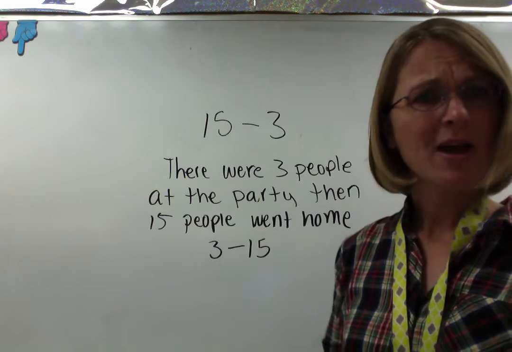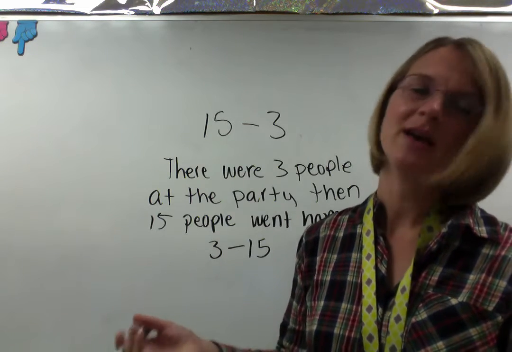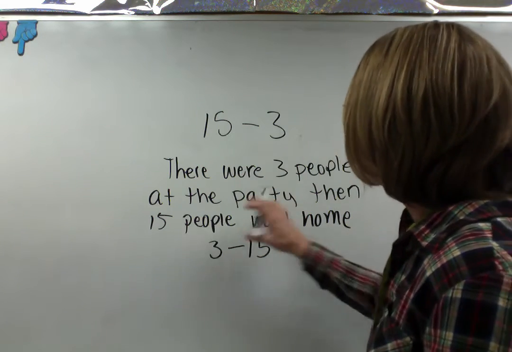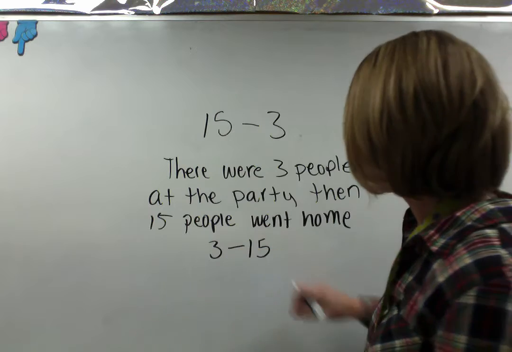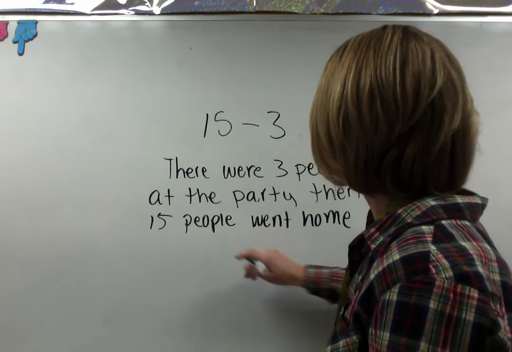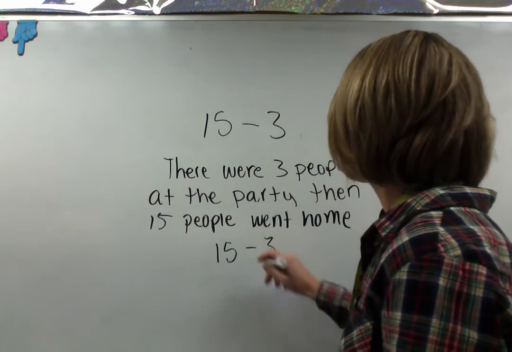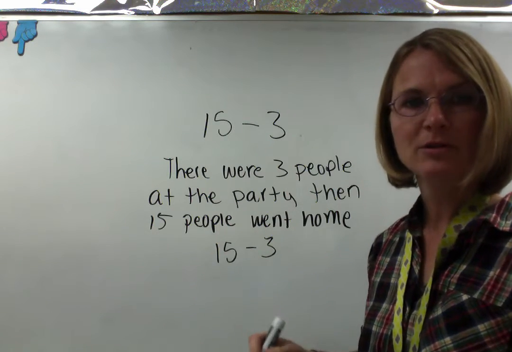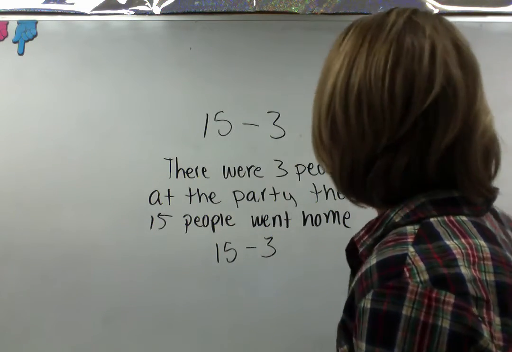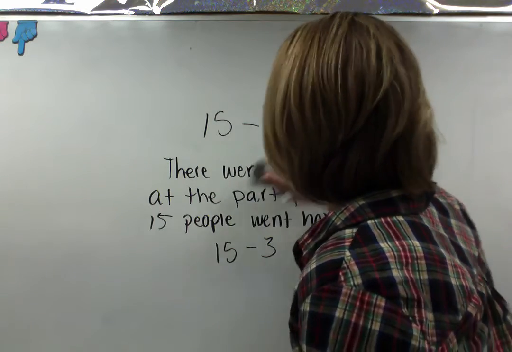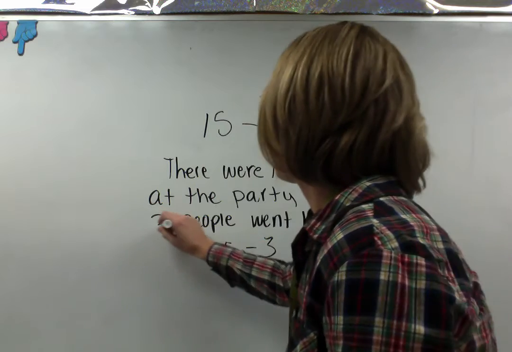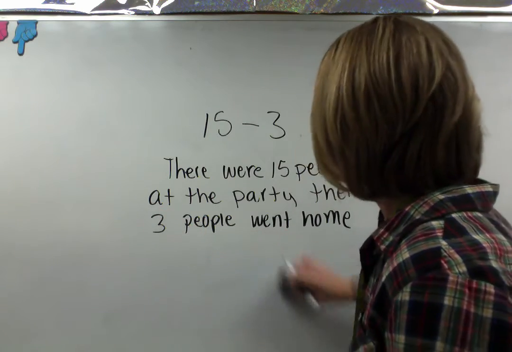If you're talking about temperature or negative numbers, you can do that, but we're talking about people. We don't have a negative amount of people. So when we're writing these problems, we have to be careful. We can't just say, oh, look, this is 15 minus 3, because it's not. We have to be careful of the order that our numbers appear in the problem and how we word it. So in order to make this problem work, we would have to do, there were 15 people, and then 3 people went home.